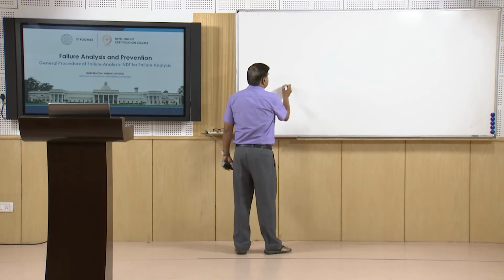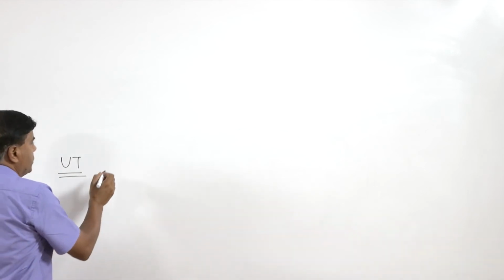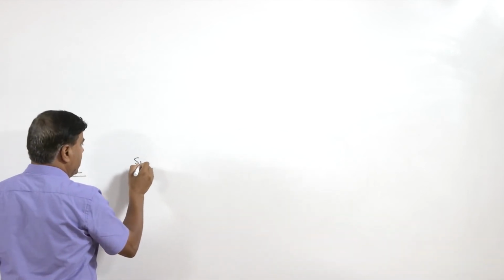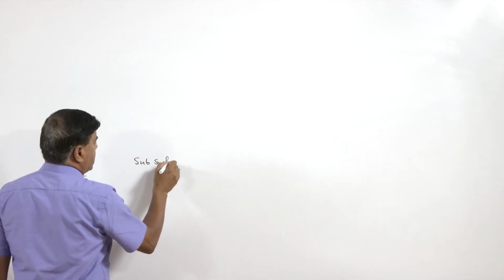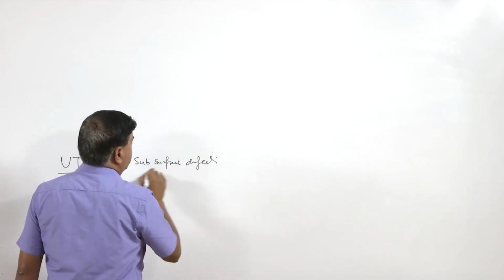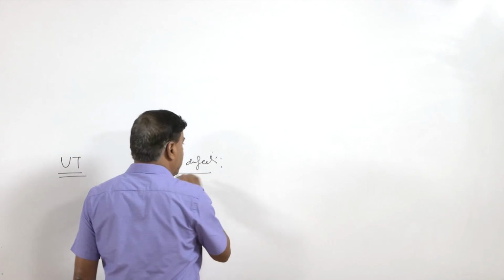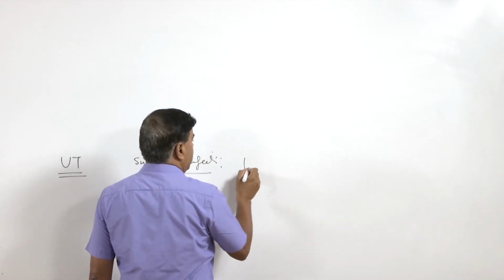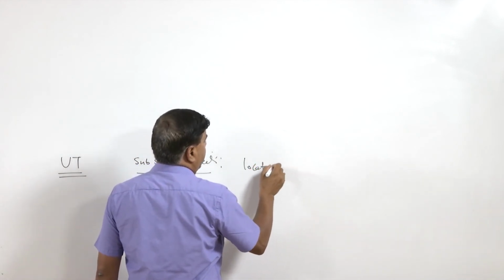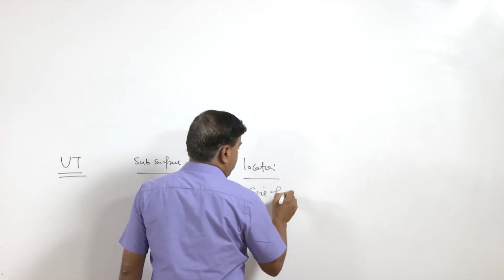Then there is the ultrasonic test. The ultrasonic test is used basically for subsurface defects and discontinuities. So, it can help to identify the location where the defect is present and the size of the defect.